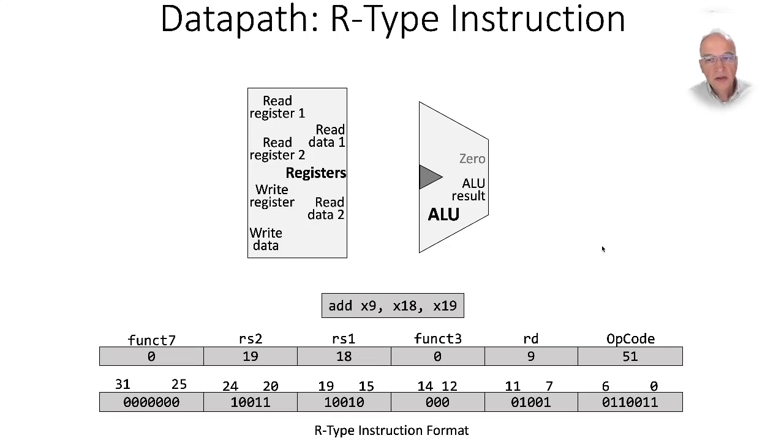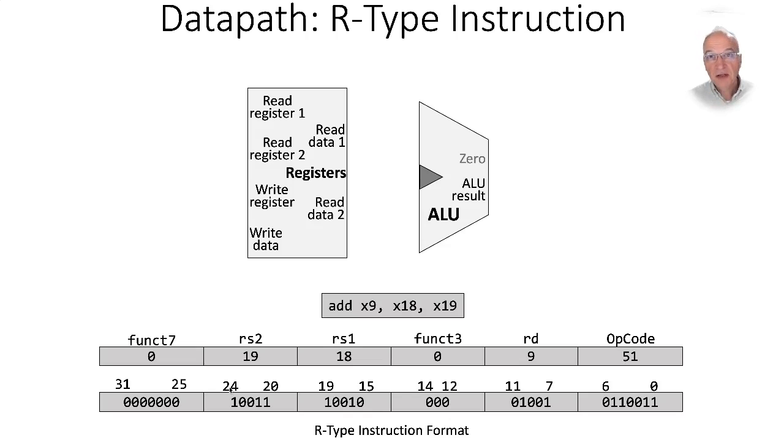Starting with a processor to execute the add instruction, this is the format for the add instruction. Remember that I decode the instruction looking at the opcode and looking at the functions. Then I need to take the value of the two source registers that are specified in bits 15 to 19 and 20 to 24.